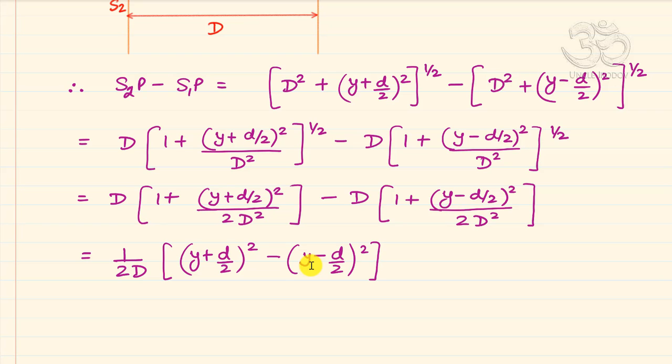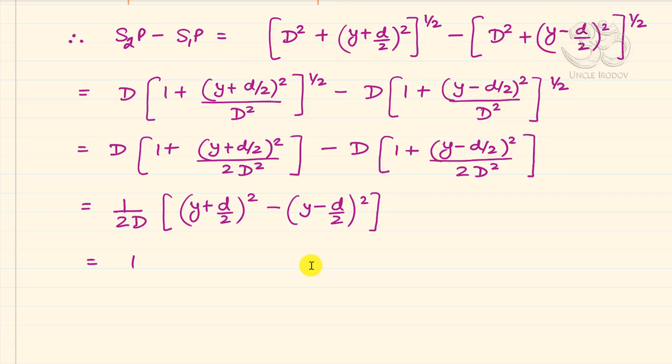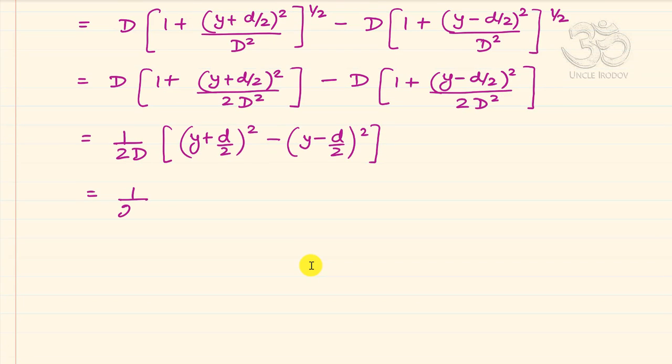And you open up the brackets, you are going to get 1 by 2D, and inside the brackets you will have a y square here and a y square there, they will go off, a d square by 4 here and a d square by 4 there, they will also go off, and then there will be 2 times y times d by 2, so there will be a yd term here, that is plus, and a yd term here in this bracket which is minus, but there's a minus outside, so that term will also become plus.